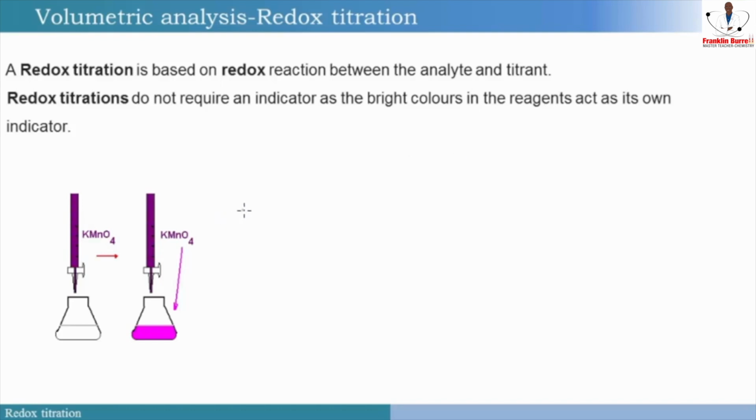Now, you might not understand fully the terms oxidizing agents and reducing agents, but we will be doing that topic next. That topic will explain the concept of oxidizing and reducing agents. But I will still attempt on clarifying some things. Now, here we have our burette, and our burette contains an oxidizing agent.